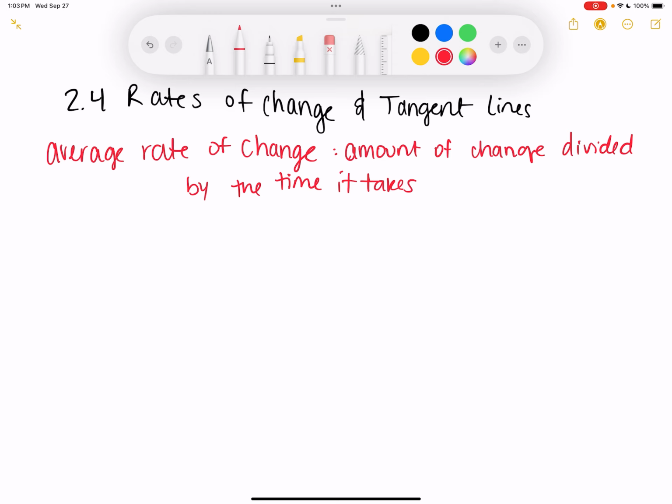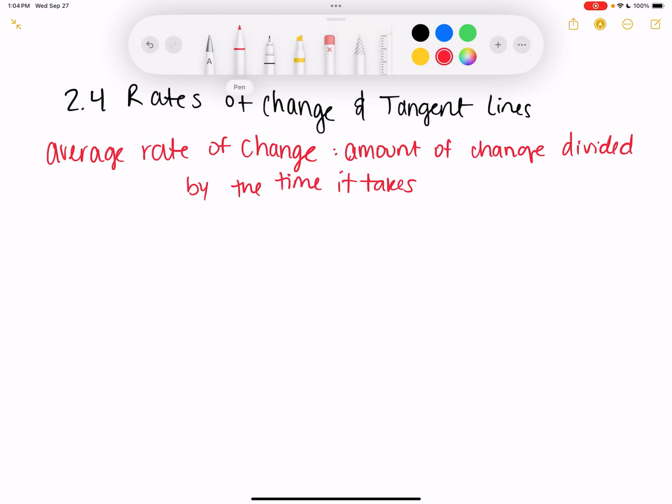So basically what happens is they're going to give you a point or an interval, and we essentially do the function at the second endpoint, the right endpoint, minus the function evaluated at the first endpoint, over the last point minus the first point. So it looks very similar to the slope formula. It's just a slight modification of it.